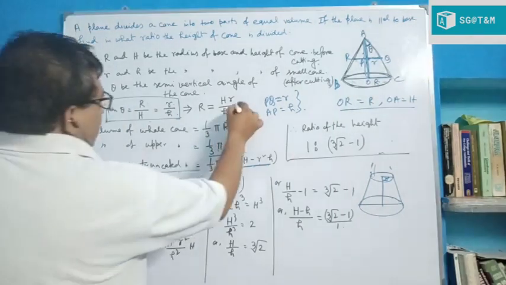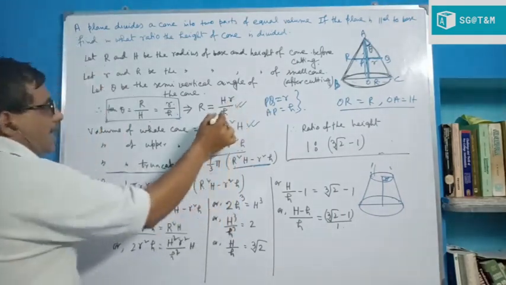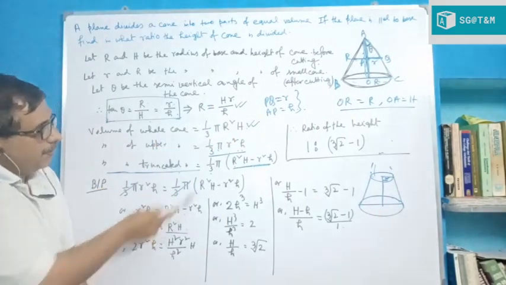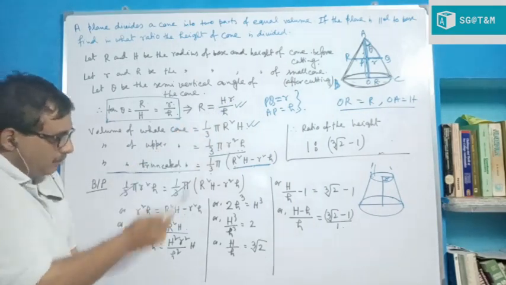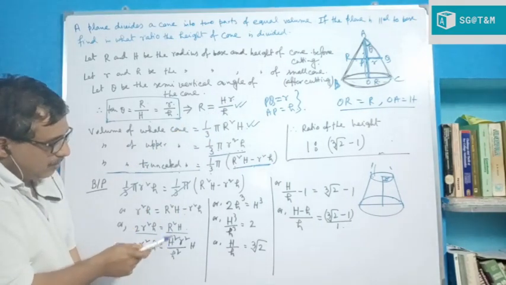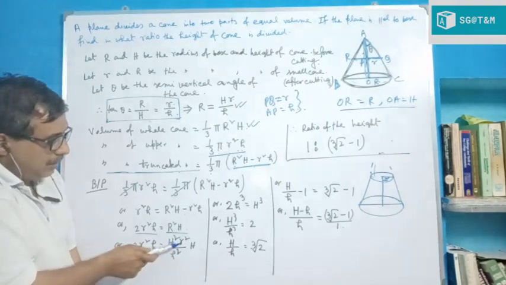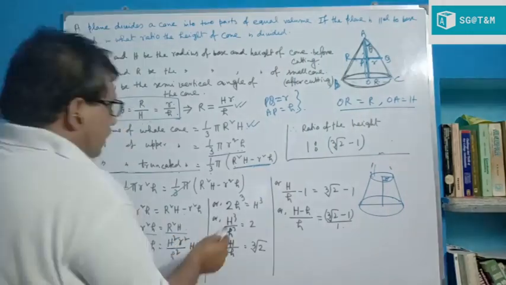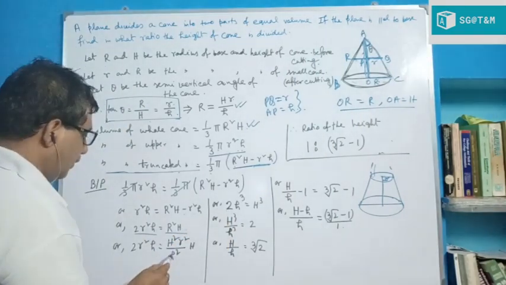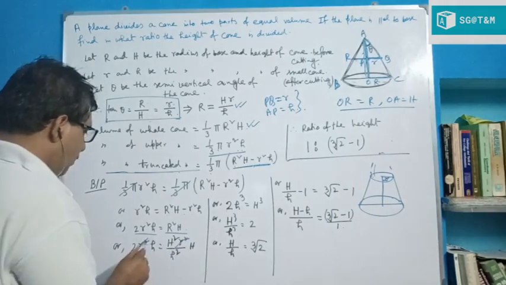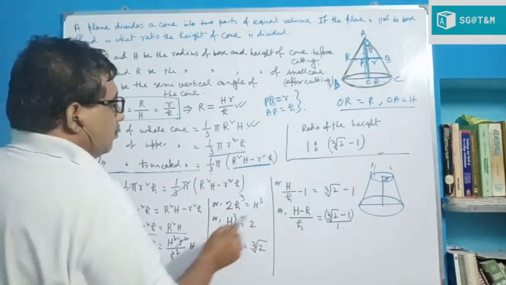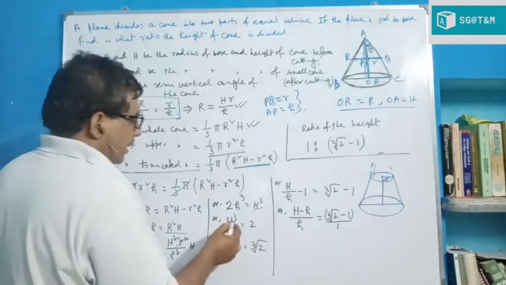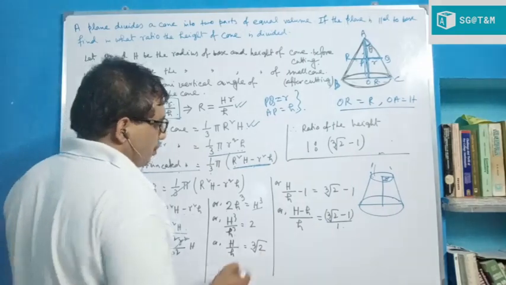Now replace capital R in terms of H, r and small h. Capital R square is capital H square into small r square by small h square. After simplifying, r square cancels out, so 2 h cube is equal to capital H cube, or capital H cube by small h cube is equal to 2.